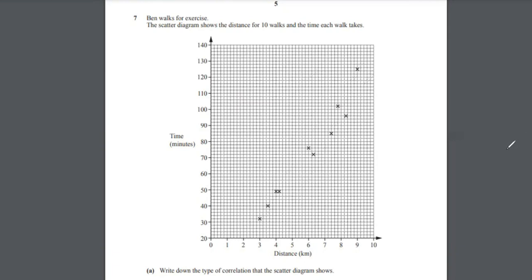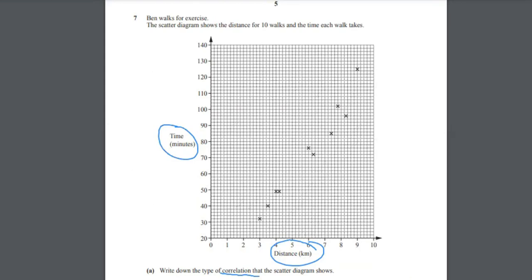So write down the type of correlation that the scatter diagram shows. Okay. What is the correlation between this time and distance? You need to find this relation. What is the correlation that the scatter diagram is showing? Obviously, when Ben is walking for more and more time, he is traveling more and more kilometers. So the correlation is, it is directly proportional basically.